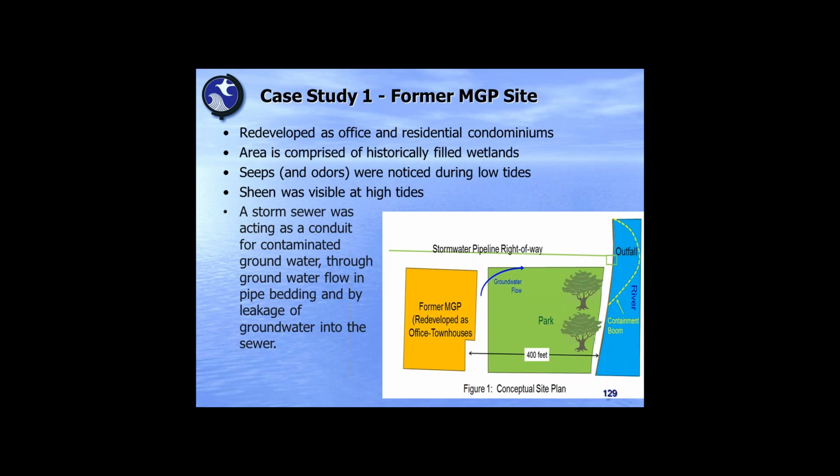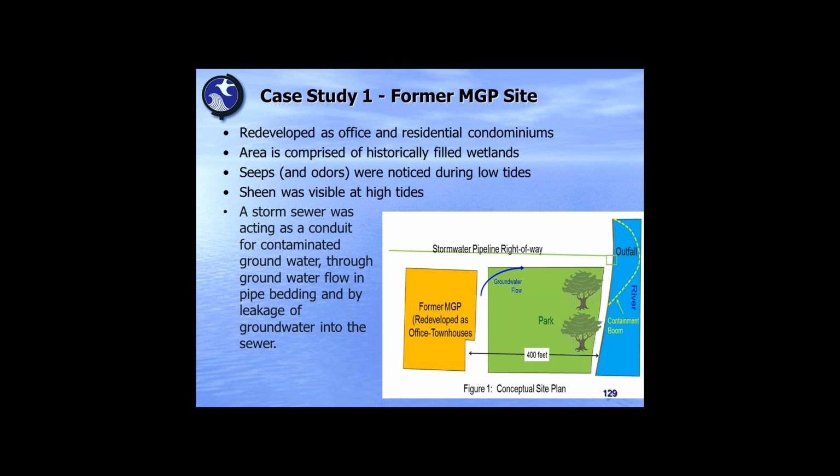In this case, it was found that a storm sewer running from the area where the source area was to the surface water body was acting as a conduit for transport of that material from the source area to the surface water body. And it happened in two ways. One, there was discharge of groundwater directly into the storm sewer, so it was being transported directly. And there was also preferential flow through the bedding material, the backfill that was placed when the storm sewer was put into place. So watch for that.